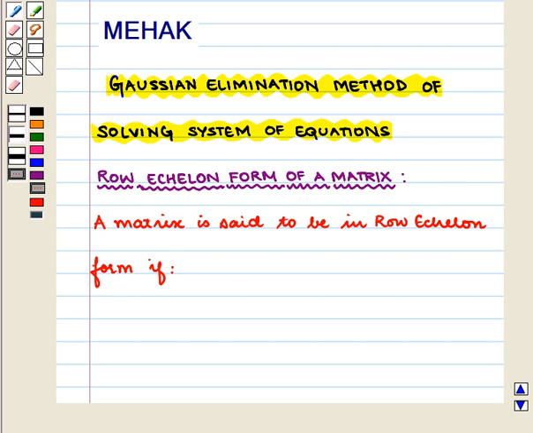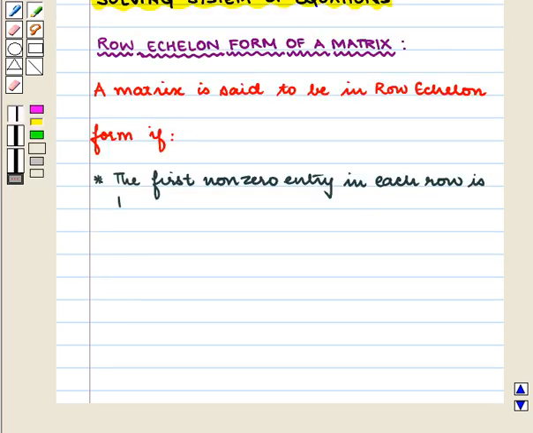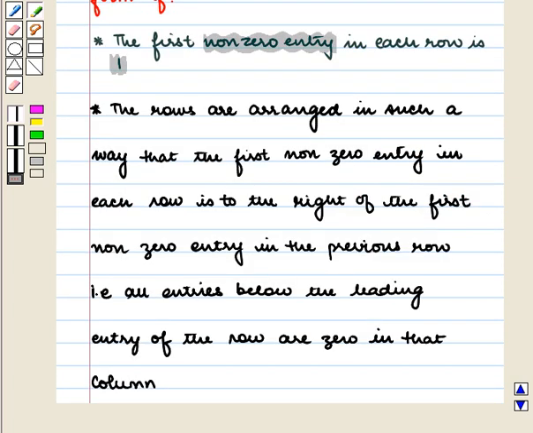A matrix is said to be in row echelon form if the first non-zero entry in each row is 1. The rows are arranged in such a way that the first non-zero entry in each row is to the right of the first non-zero entry in the previous row.